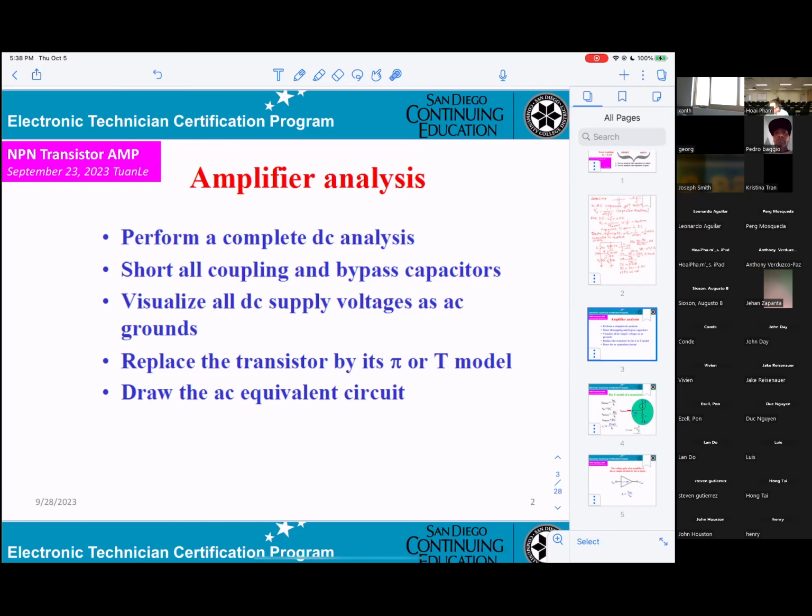Replace the transistor by its pi or T model. Draw the AC equivalent circuitry. Basically, we don't have to go into too much detail on that. Engineers, when they need to design the amplifier, then they have to go there. But you have to understand.